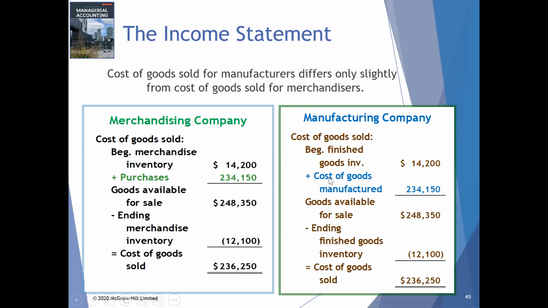So this is cost of goods manufactured. Some of the expenditures of the goods manufactured will definitely be added here. Now less the ending finished goods inventory. Now that will be the cost of goods sold.